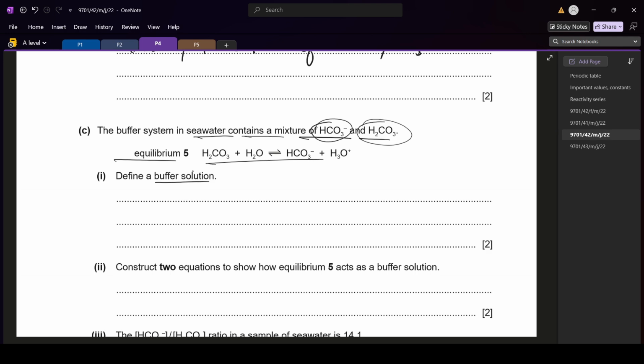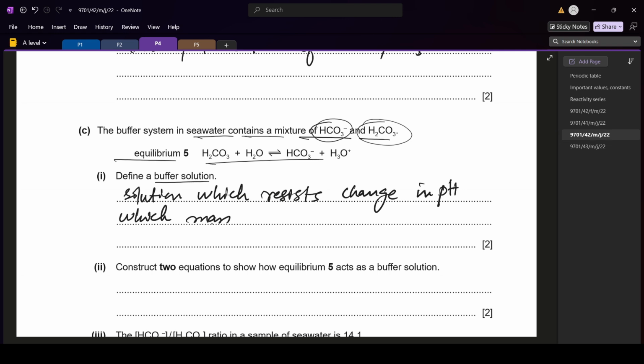A solution which resists change in pH when a small amount of acid or base or alkali is added.